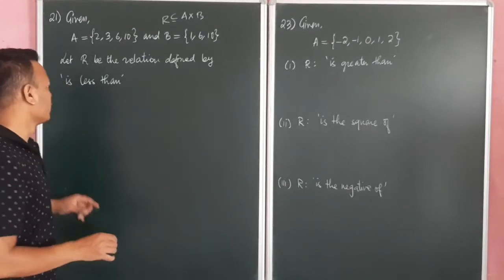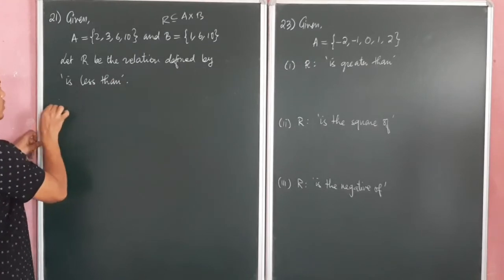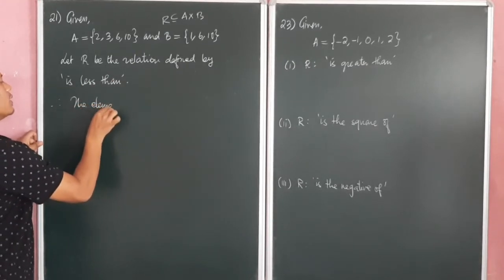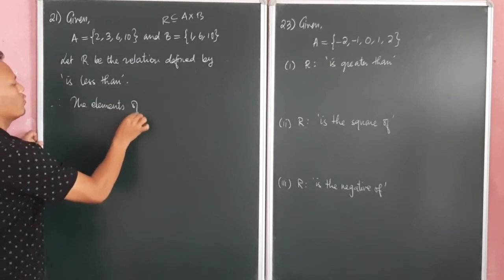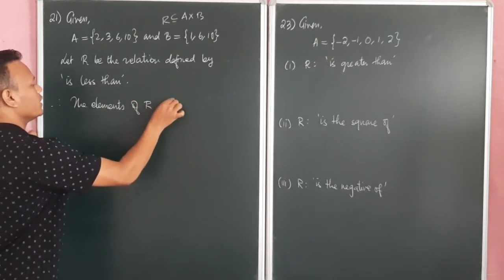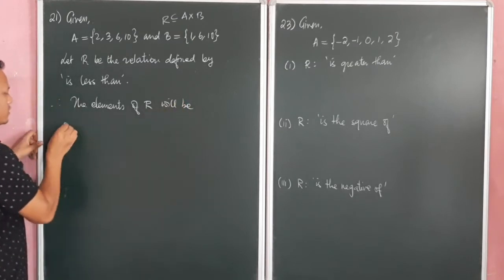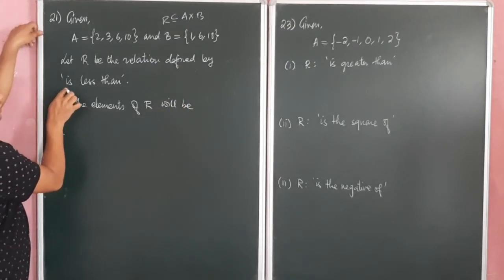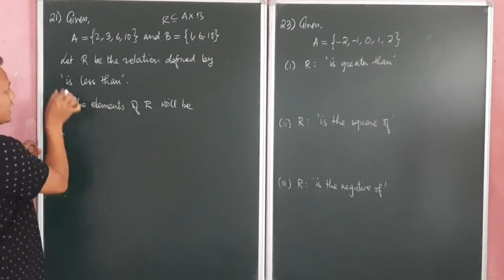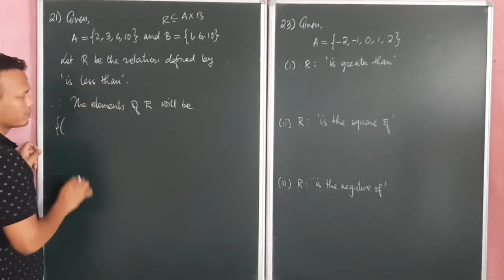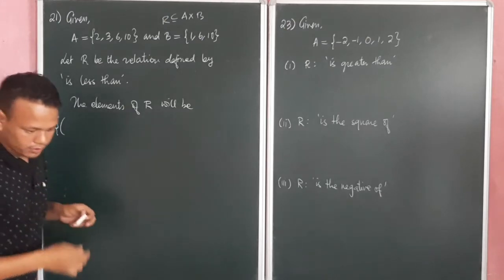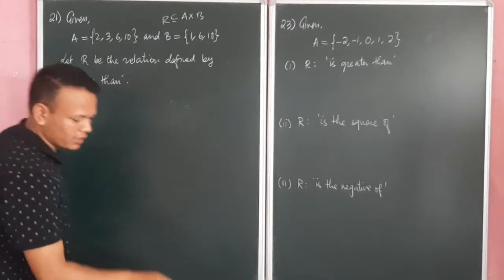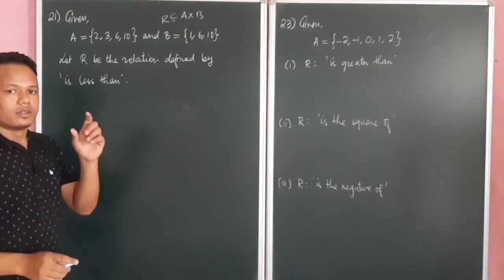Okay, so let's see. So therefore the elements of R will be, okay, so let's see what will be the element. So the given relation is defined as is less than. It will be better if we write in this way. So let's first write this in the set builder form.